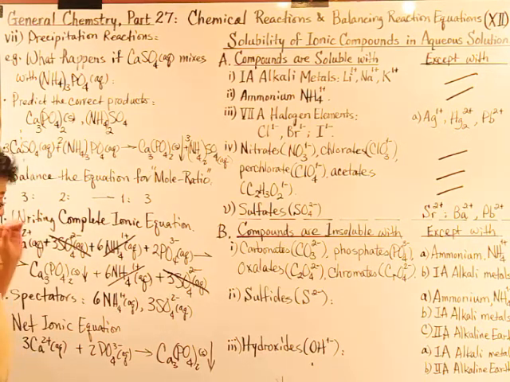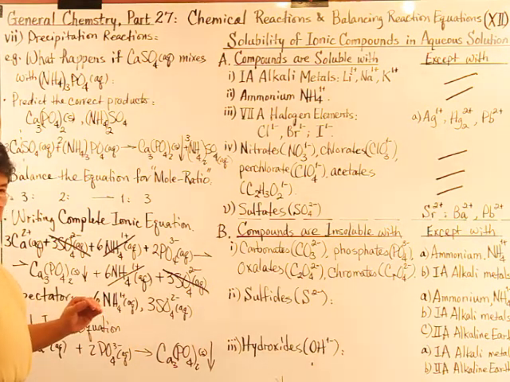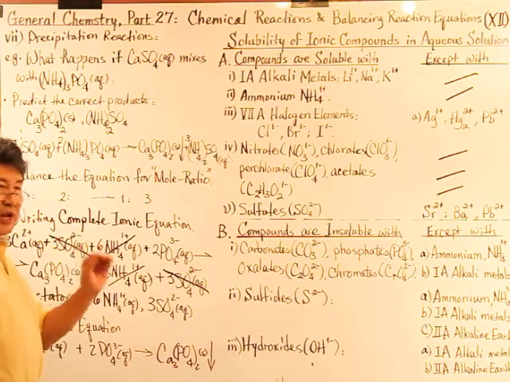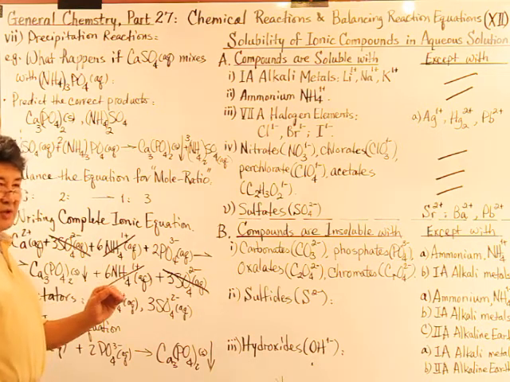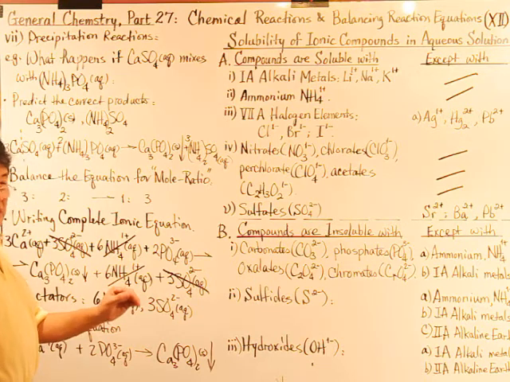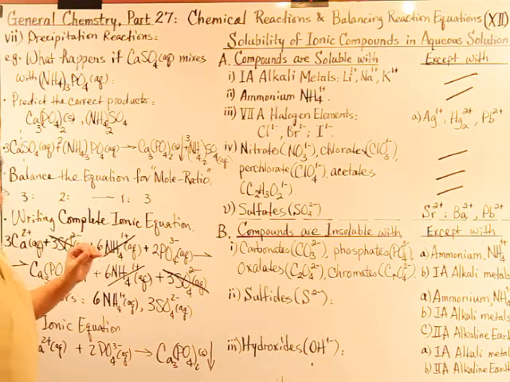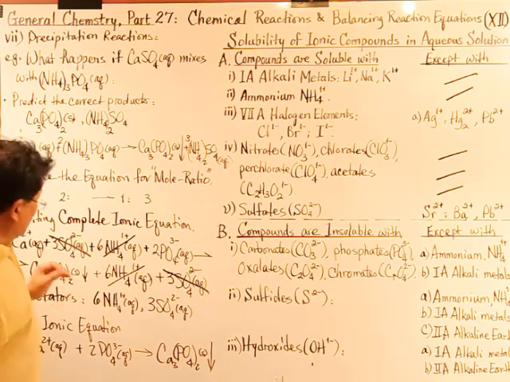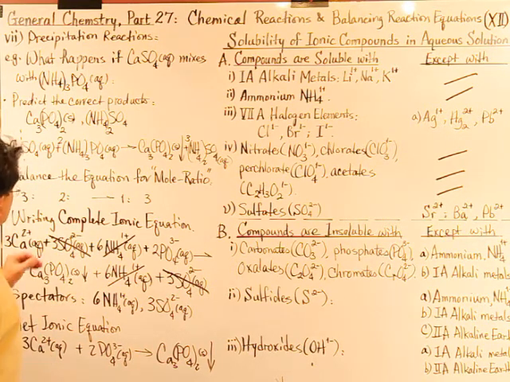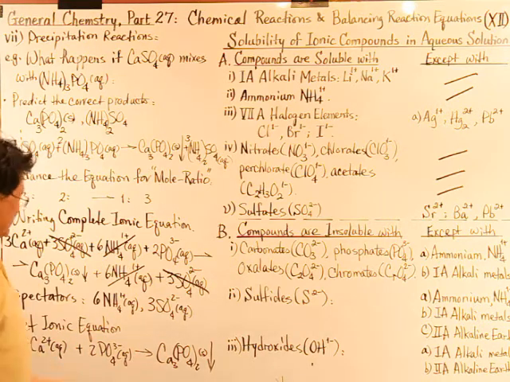Then, number four, the coefficient, after the reaction equation is balanced, which are the mole ratio. The mole ratio of these cation and anion before and after the reaction must be the same as well. So we look at it. For ammonium, we got NH4, that's the formula, number one.